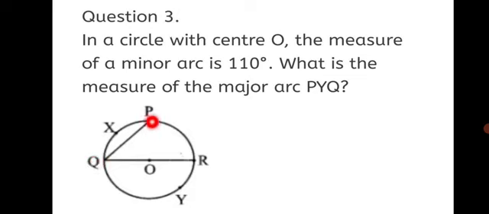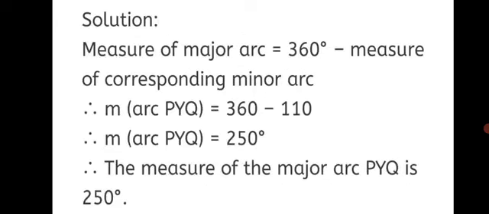Okay, so this is the minor arc PXQ and measure of this minor arc is given as 110 degree. So what is the measure of arc PYQ? How will you find out? Yes, 360 minus this minor arc, that is 110. We will get the measurement of arc PYQ.